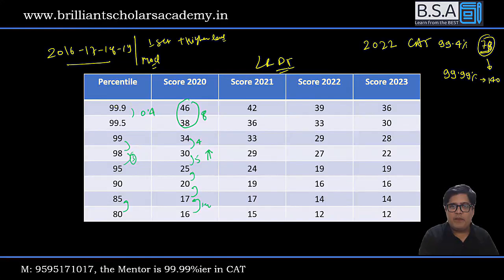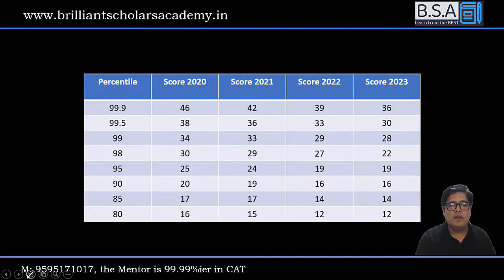Now, do you see? For 99.9 percentile, as the years progress, the scores are decreasing. Attempt fewer questions but do them well. See, to score 46 marks, how many questions do you need to answer? Every question is worth 3 marks.